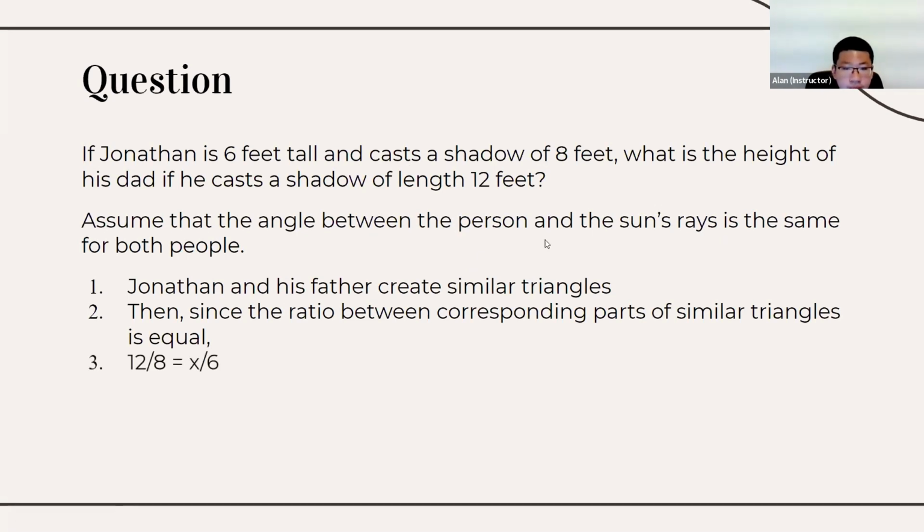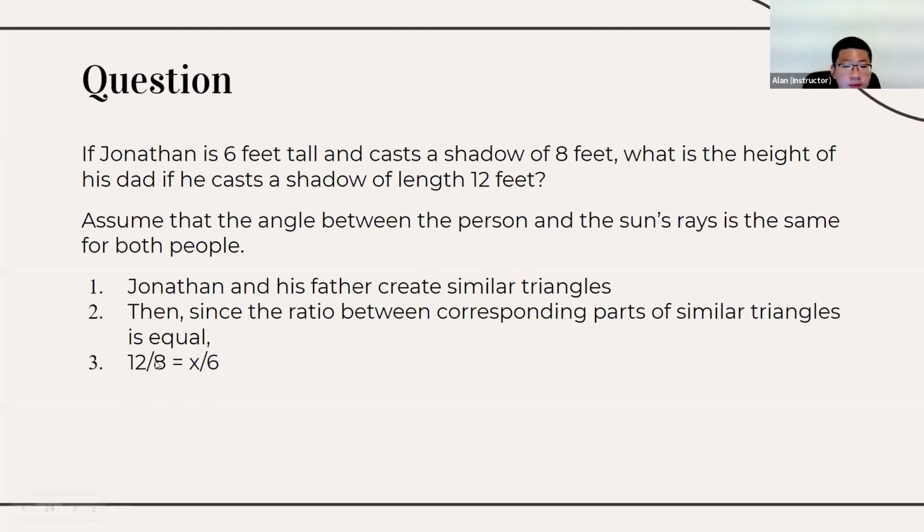So the ratio between the lengths of the shadows is obviously 12 and 8, and that's going to be equal to the ratio between their heights. So since Jonathan's dad casts a shadow of 12 feet, let's set his height as x.